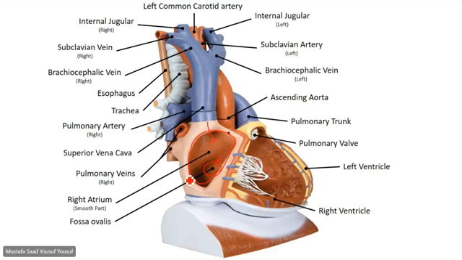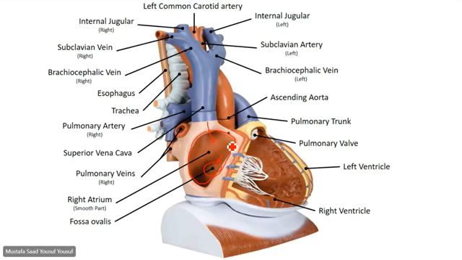Here, since we opened the right atrium, we have removed the trabeculated or rough part, and I'm only looking at the smooth part of the right atrium, which we call the sinus venarum.